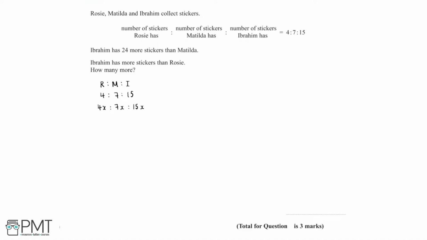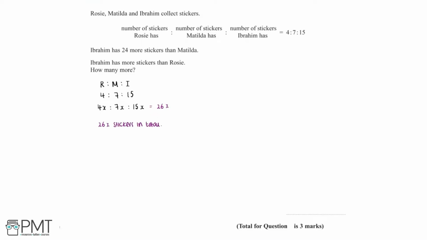Now using algebra, we can say that the number of stickers that Rosie has is equal to 4x, the number of stickers that Matilda has is equal to 7x, and the number of stickers that Ibrahim has is equal to 15x. And so we can say that the number of stickers in total is equal to 4x plus 7x plus 15x, which is equal to 26x.